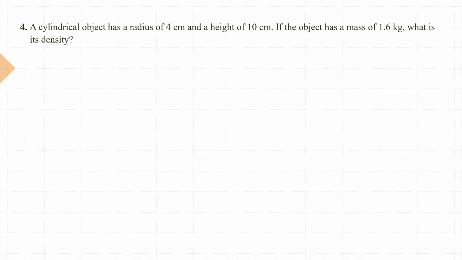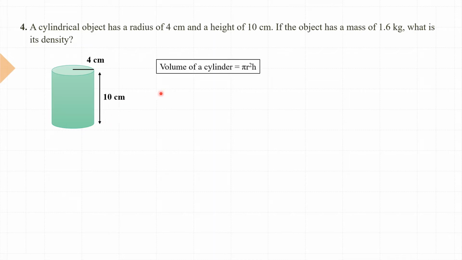A cylindrical object has a radius of 4 centimeters and a height of 10 centimeters. If the object has a mass of 1.6 kilograms, what is its density? You can imagine this is the cylindrical object, radius 4 centimeters and height 10 centimeters.